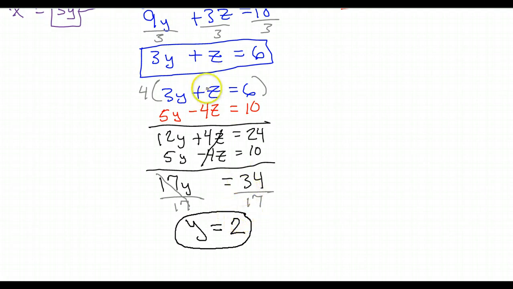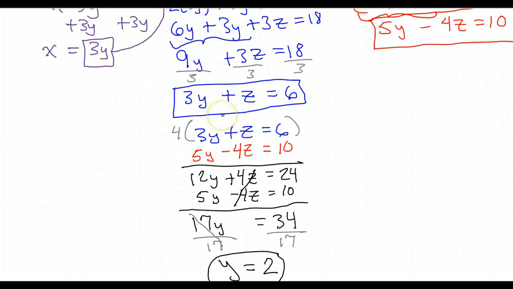Now, whenever we're solving a normal system that has two variables, as soon as I find one, I take it and I substitute it back in and I find the other one. So that's what I'm gonna do. Okay, so I could pick either one of these two equations. I'm just going to pick the blue equation because it looks pretty easy.